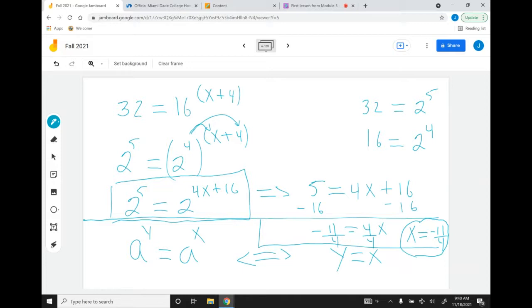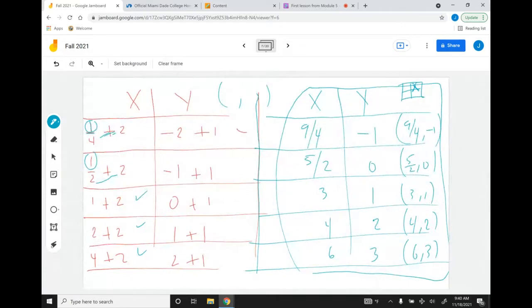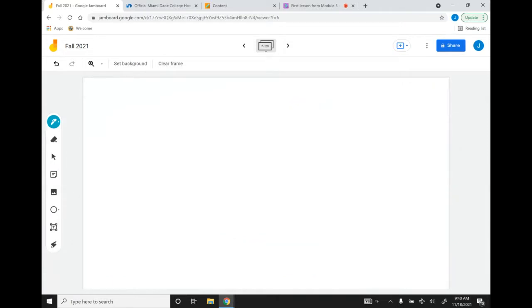So again, this is one of those examples where, because of the numbers, you are able to write both of them with the same base. There it is. All right, let's do another one. Let's do one where you cannot write them with the same base.